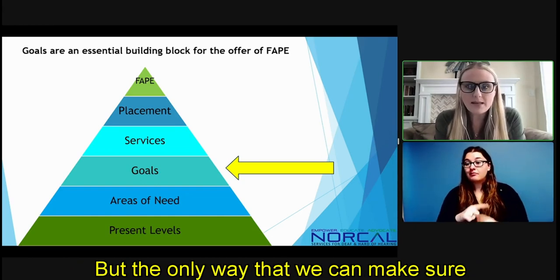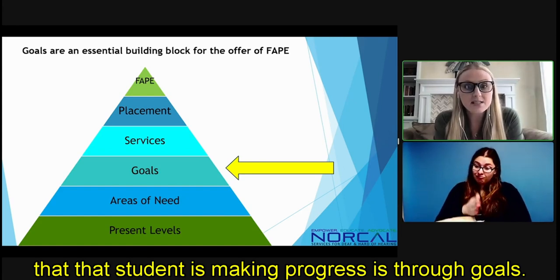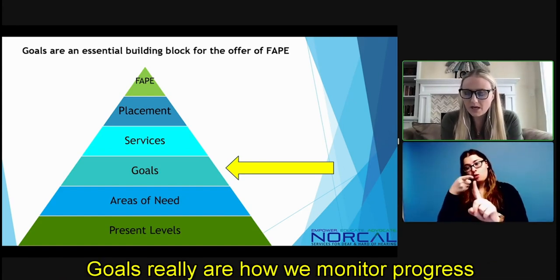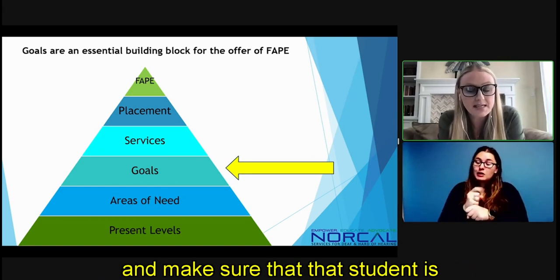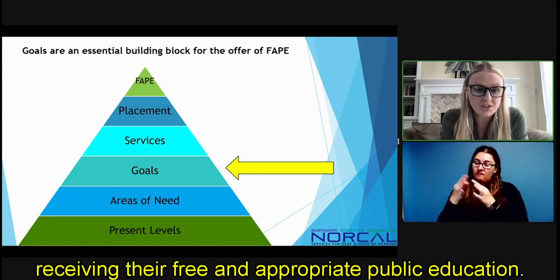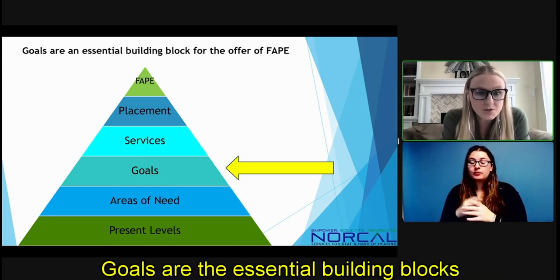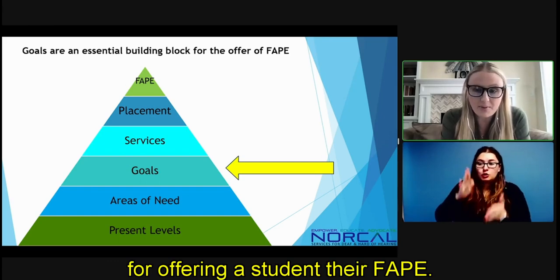But the only way that we can make sure that that student is making progress is through goals. Goals really are how we monitor progress and make sure that that student is receiving their free and appropriate public education. Goals are the essential building blocks for offering a student their FAPE.